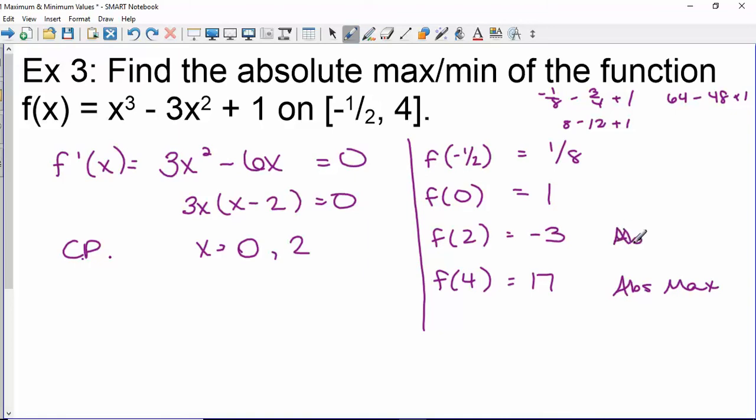What's my absolute min? Now, is that necessarily for the entire function? No, just in between -1/2 and 4. So just on that section of the graph, we got our maximum and minimum.